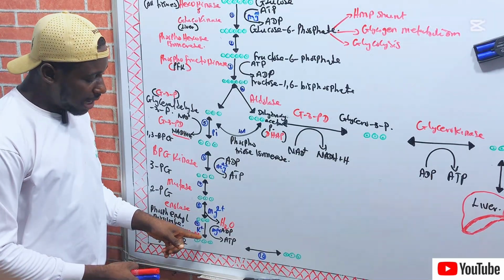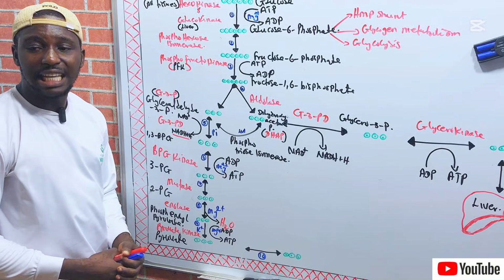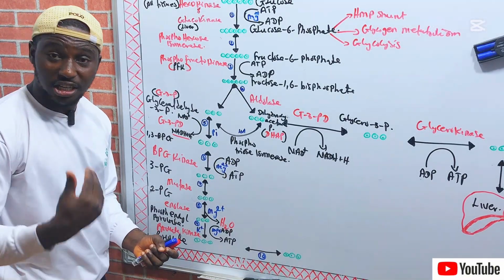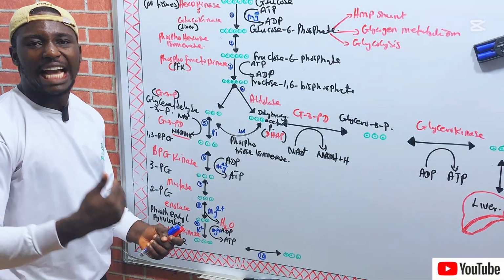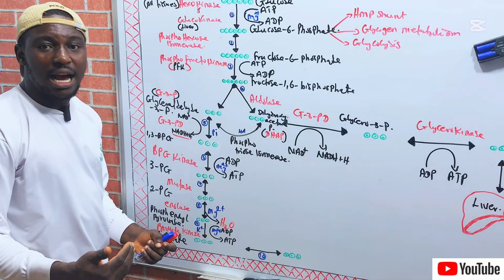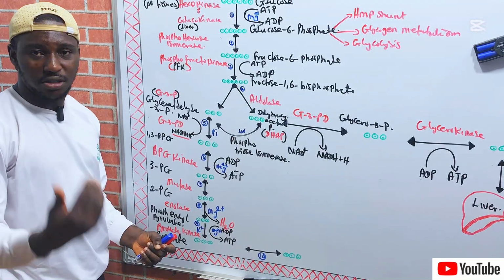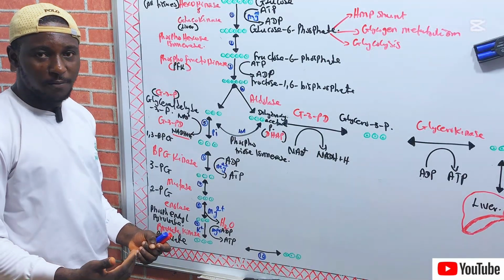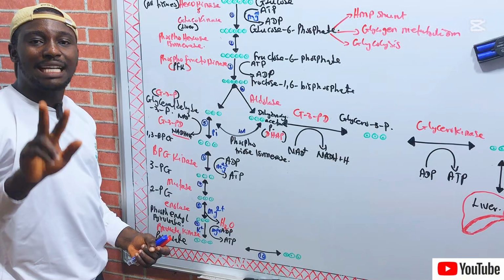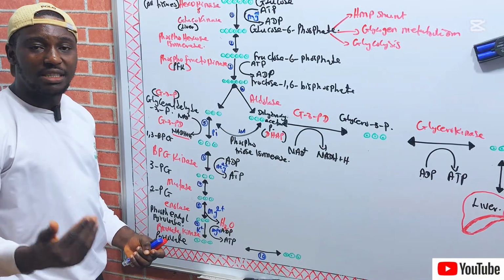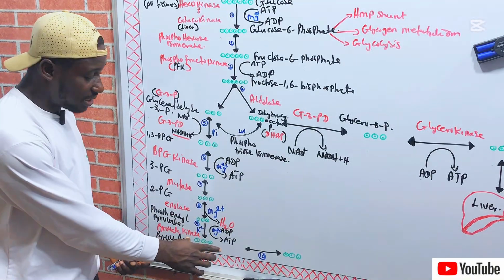Now, this step is circumvented by the key enzymes of gluconeogenesis, which include pyruvate carboxylase and phosphoenol pyruvate carboxykinase. There are two enzymes of gluconeogenesis which circumvent the irreversible step of glycolysis.